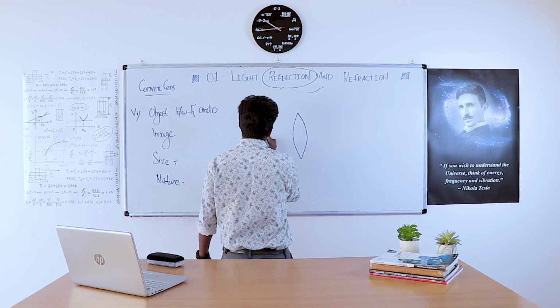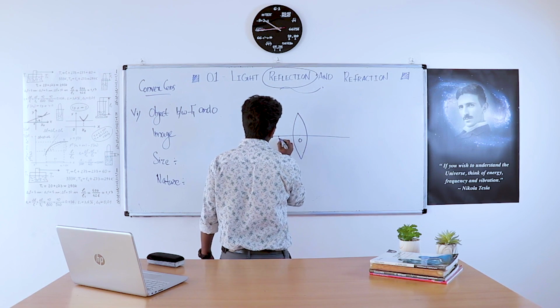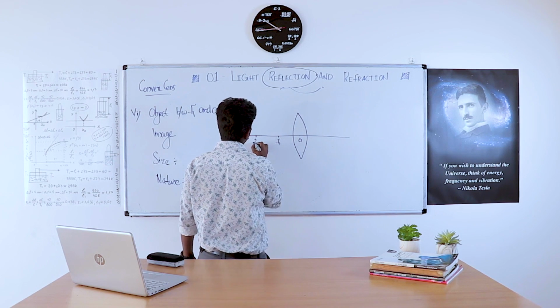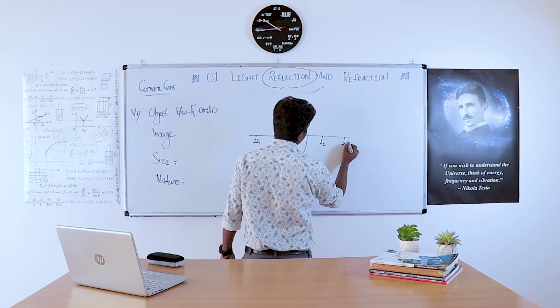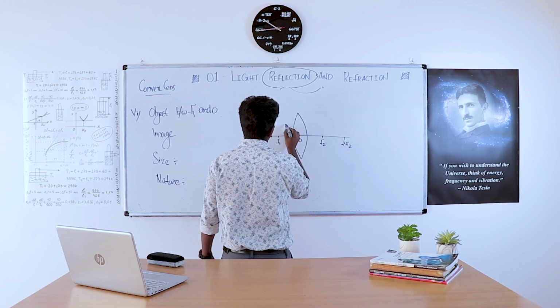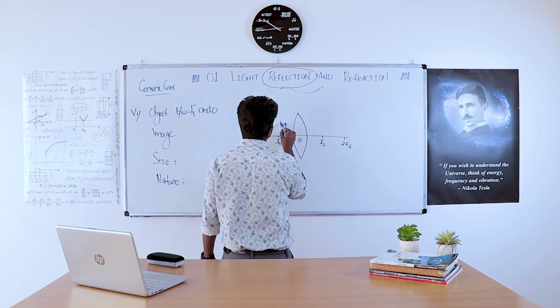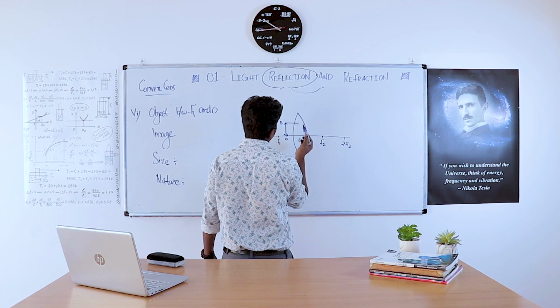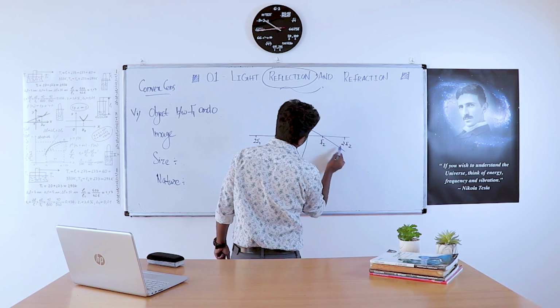So this is our lens, principal axis, optic center, F1 to F1, F2 to F2. So the object is placed between F1 and O. This is our object. A ray of light coming parallel to the principal axis, after refraction, passes through the focus.